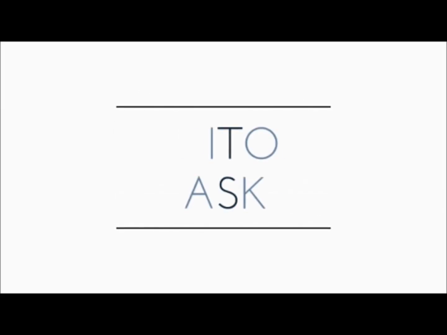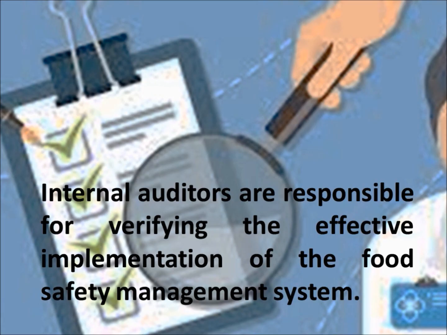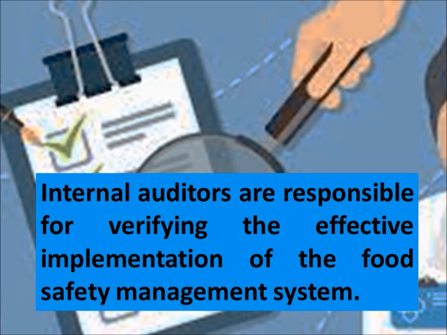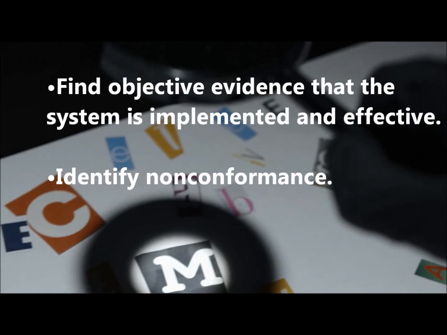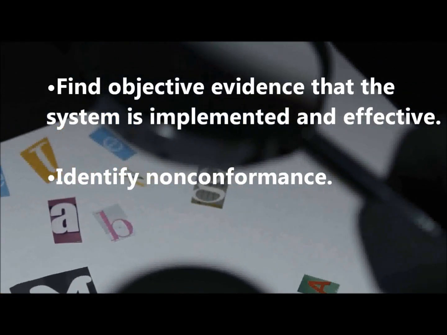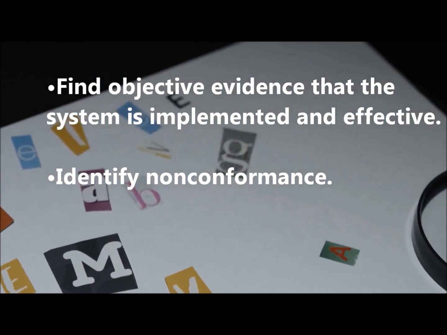Auditor's task. Internal auditors are responsible for verifying the effective implementation of the food safety management system. They must be trained on internal auditing. Find objective evidence that the system is implemented and effective. Identify non-conformance.